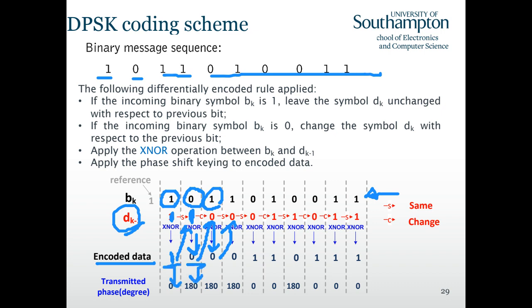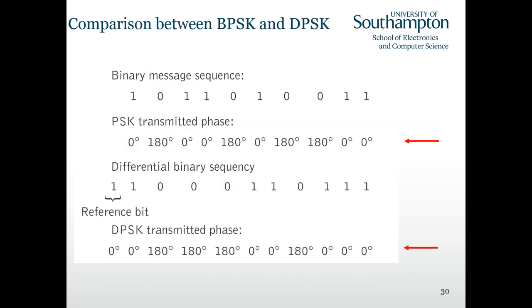Okay? So basically, the mapping is like this. We have a binary message. And if it's coherent PSK, we have 1 mapped to 0 and 0 mapped to pi. And then for differential encoding, we use a first reference of 0. If the incoming is 1, then we do not change it. If the incoming is 0, we change 1 to 0.